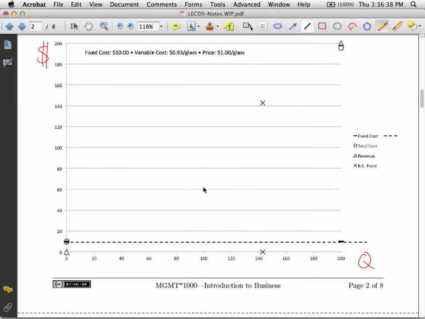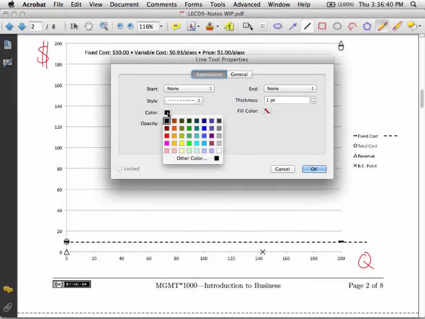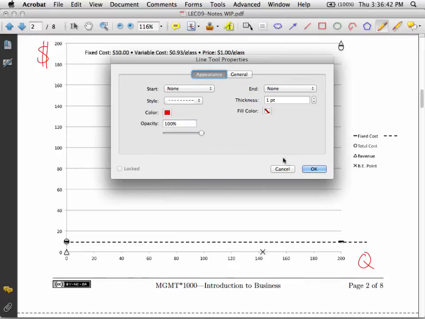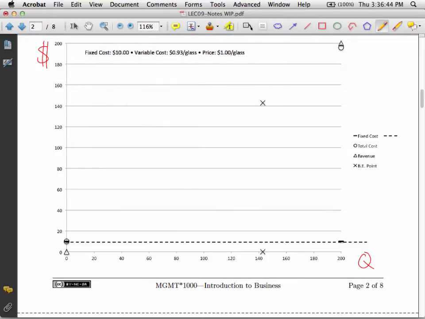Total cost, we'll pick a different color, maybe a red line. So our total cost will be here in a red dash line. Total cost at 0 glasses of lemonade is going to be just the $10. And then we can calculate some other point on the line. So what if we had, at Q equals 200 glasses of lemonade, my total cost is going to be what?